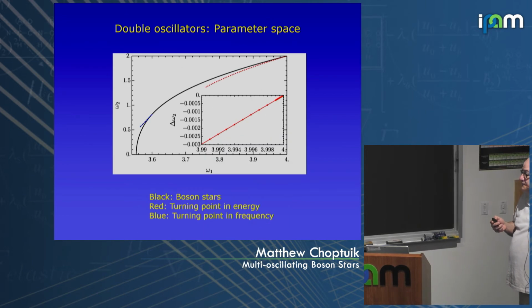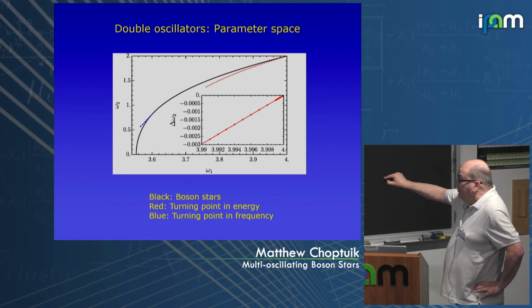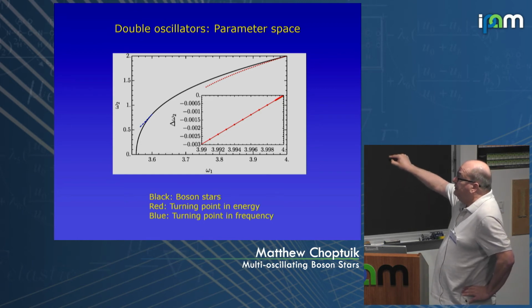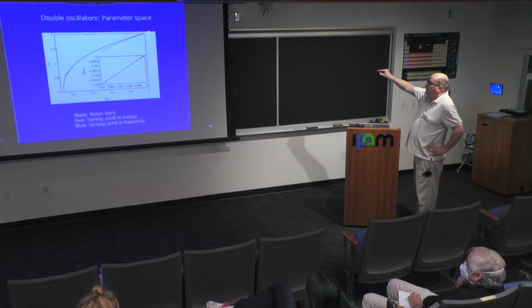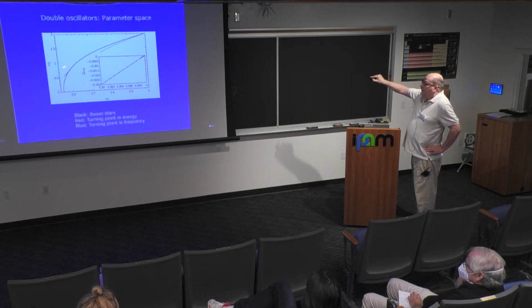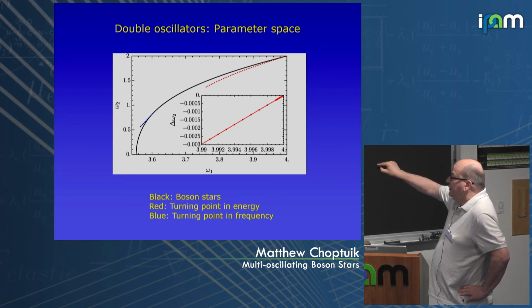And in parameter space, we have omega 1 versus omega 2. Again, this is pure AdS, where omega 1 equals 4 and omega 2 equals 2, both perturbative. The solid line is the boson stars. The red line shows where we have a turning point in energy, so we expect the solutions above this curve to be stable.